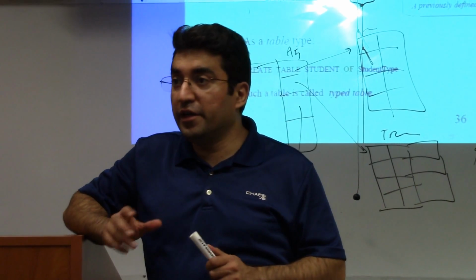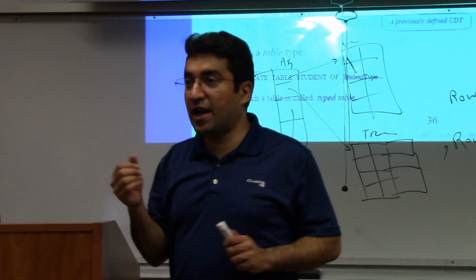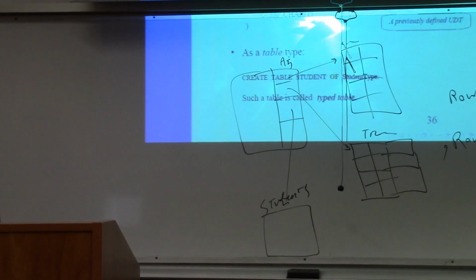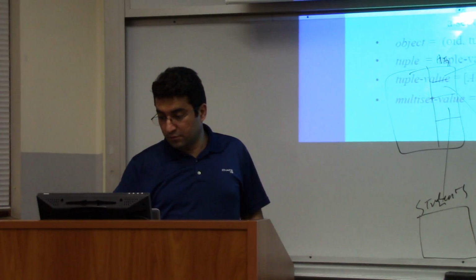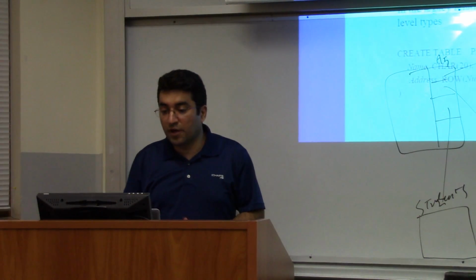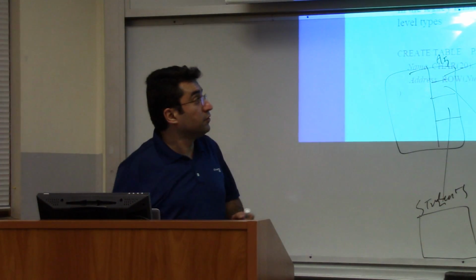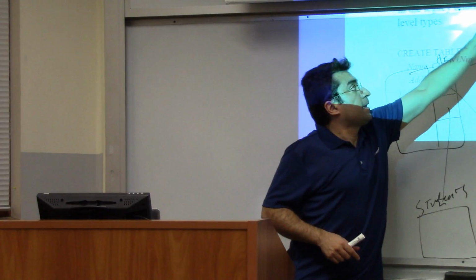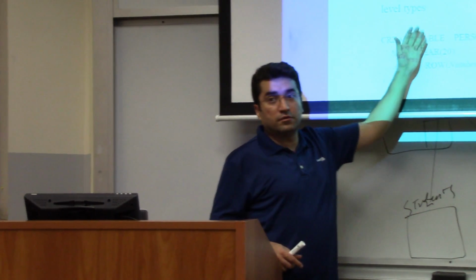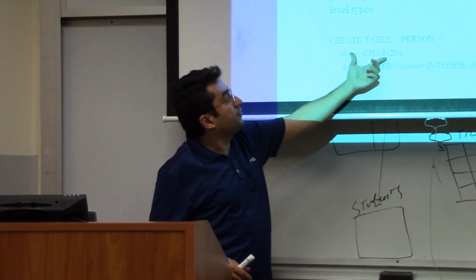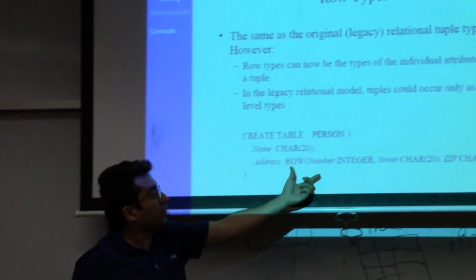Right. So here one answer is row types. This row type is a table, right? If you have a table of person, inside that one table you have a table.